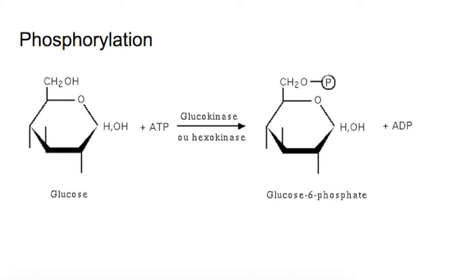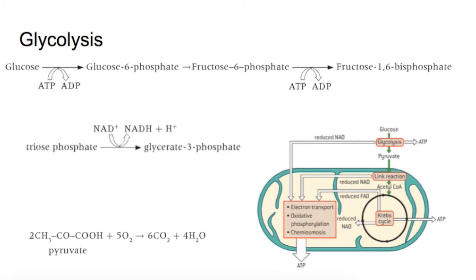The first reaction in the series of reactions is called glycolysis. Glycolysis in eukaryotic cells takes place in the cytosol. Here you can see that glucose is turned into glucose 6-phosphate, and that ATP forms ADP when it breaks off a phosphate group to utilize its bond energy to do work.